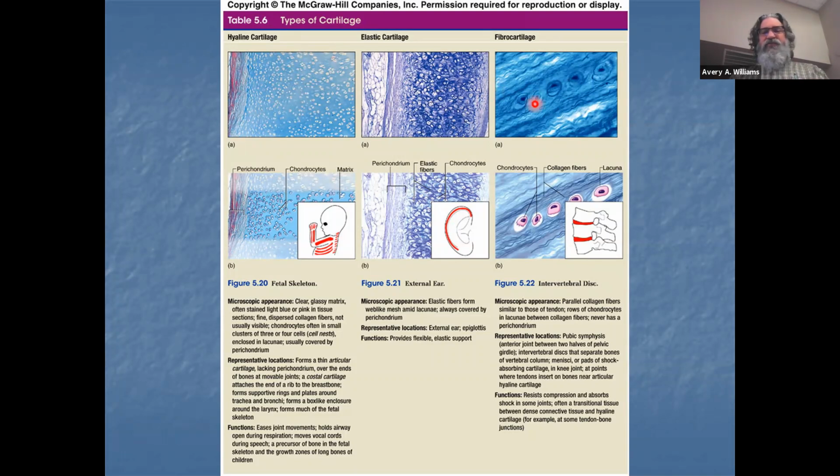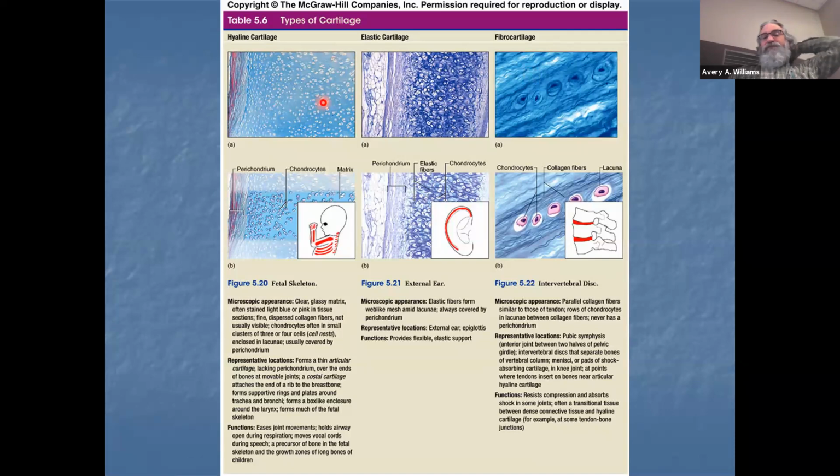And so the other 2 forms actually possess one of the 2 types of protein fibers. Remember, we had 2 protein fibers. We had elastic fibers and collagen fibers. Well, hyaline cartilage lacks fibers. Elastic cartilage has elastic fibers, and fibrocartilage has collagen fibers in the matrix. And that's the difference between the 3, really.